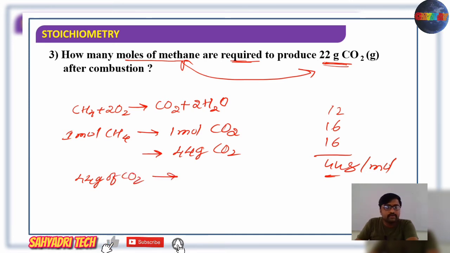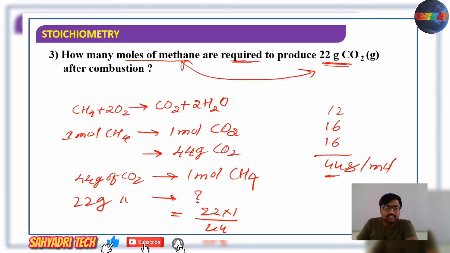44 gram of carbon dioxide is produced by how many moles of methane? 1 mole of methane. Is that the relation? How much carbon dioxide is to be produced here? 22 gram. So 22 gram of carbon dioxide is produced by how many moles? Just cross multiplication. So 22 into 1 divided by 44. How much is it? It is 0.5 mole. So what is the answer? 0.5 mole.